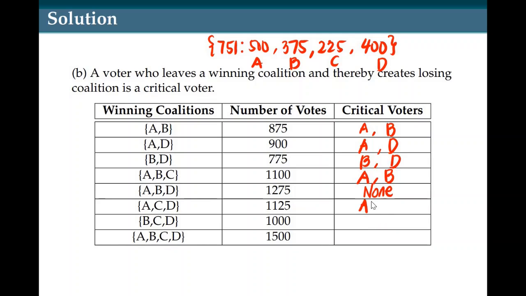If 1,125 minus voter C, that is 225, that is equal to 900 and greater than the quota, so voter C is not a critical voter. How about voter D? So from 1,125 minus 400, that will give us 725 votes, and that is less than the quota. So voter D here is a critical voter.